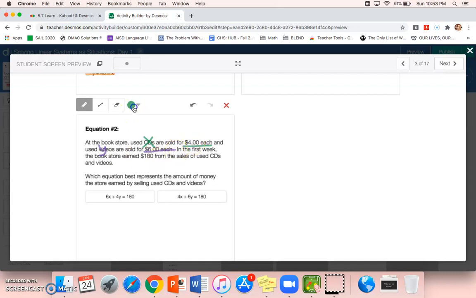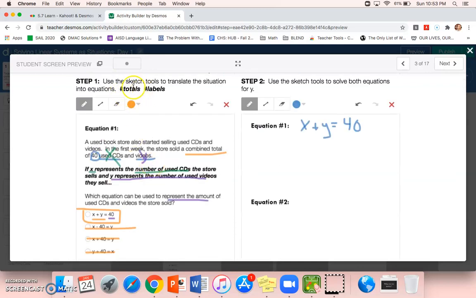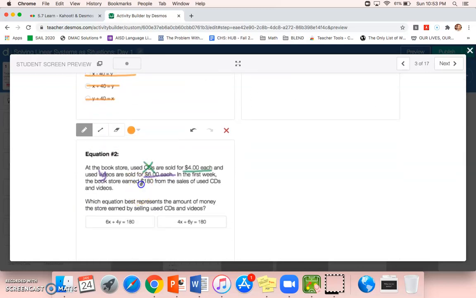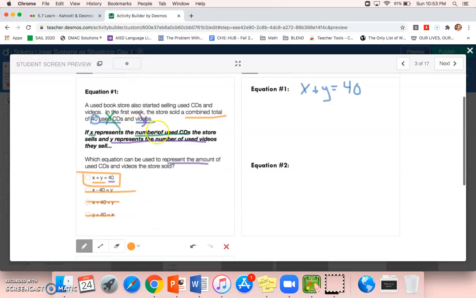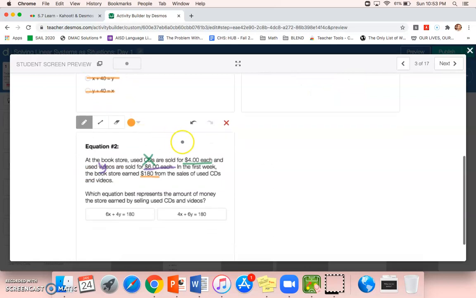Keep going. In the first week, the bookstore earned $180 from the sales of used CDs and videos. Remember what we said about totals? We got another one. One thing that makes this part different than this part is you'll notice we have dollars, dollars, and dollars. So all of these numbers are going to go together to make an equation.